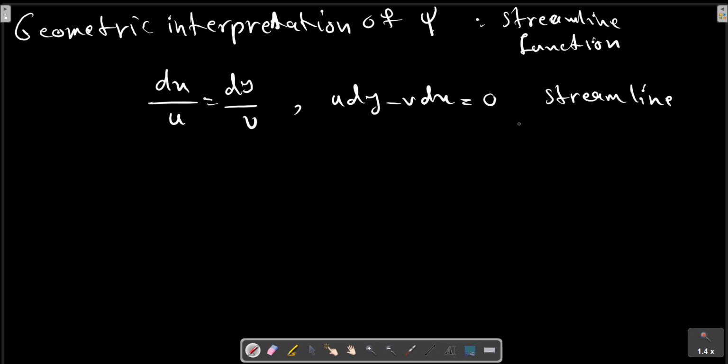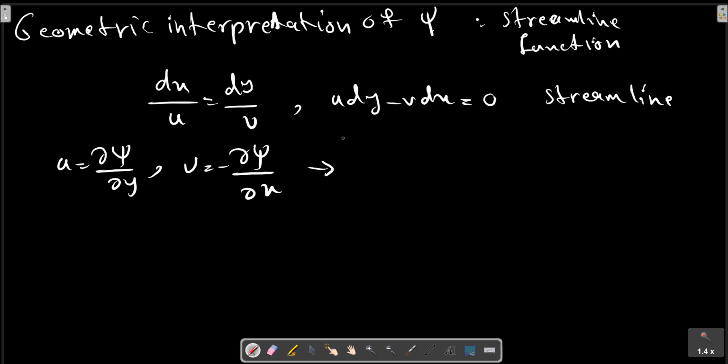Introducing the stream function into the equation of the streamline, we said that u equals the partial derivative of psi with respect to y, and we had also this relation for v. With replacing into the equation above, we can obtain this relation.